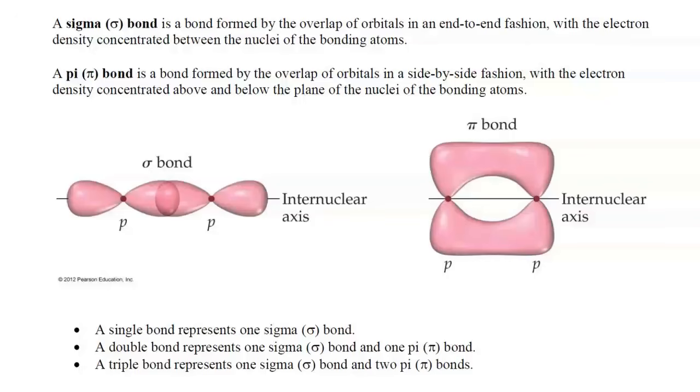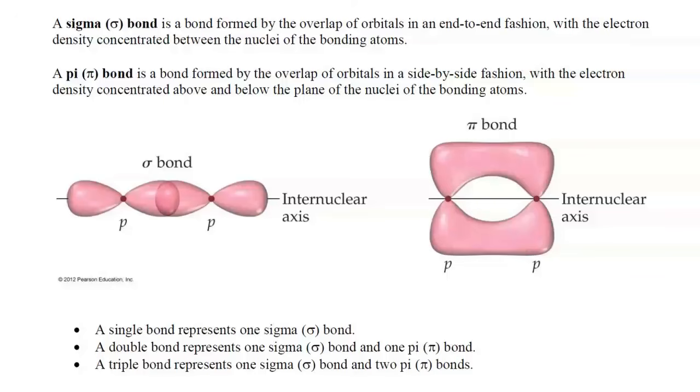Now, here comes the most important thing that you need to know to get the question correct about sigma and pi bonds. So take a look at those 3 bullet points at the bottom part of the slide. First point, a single bond, which is normally represented as a dash between atoms, represents 1 sigma bond.